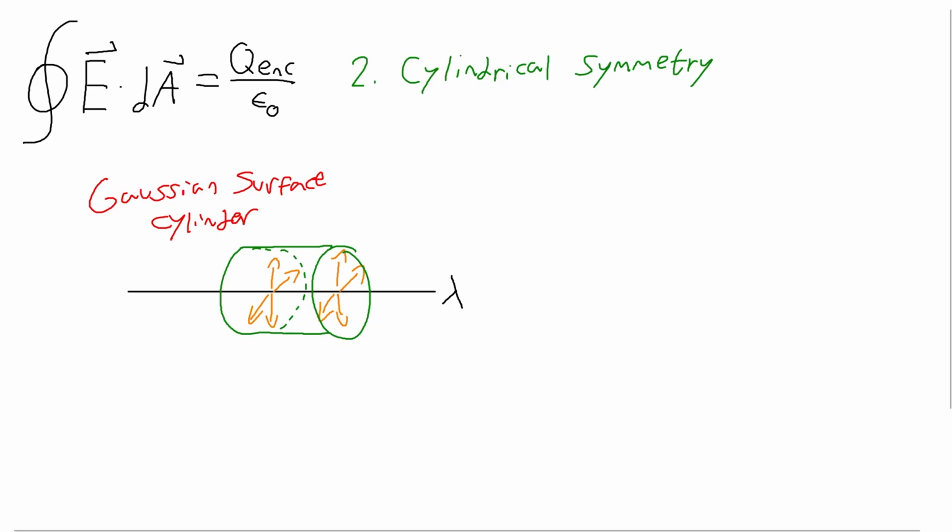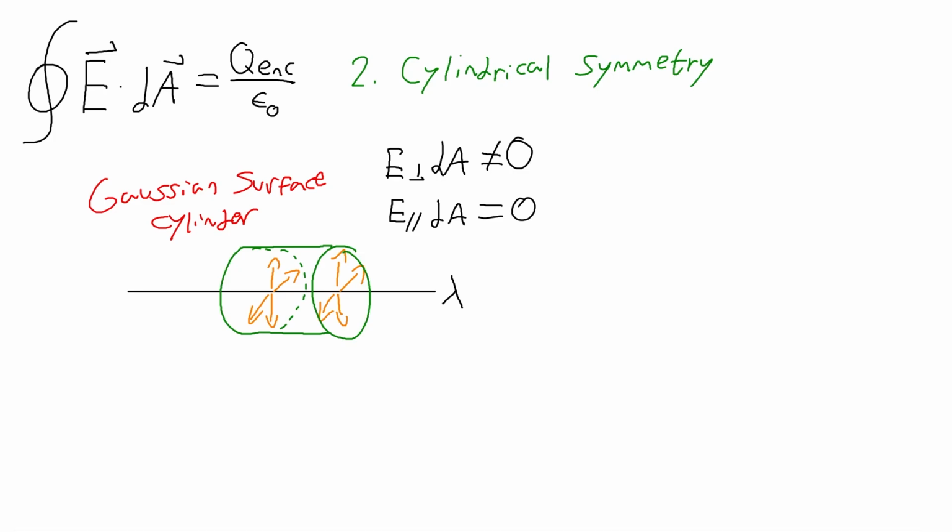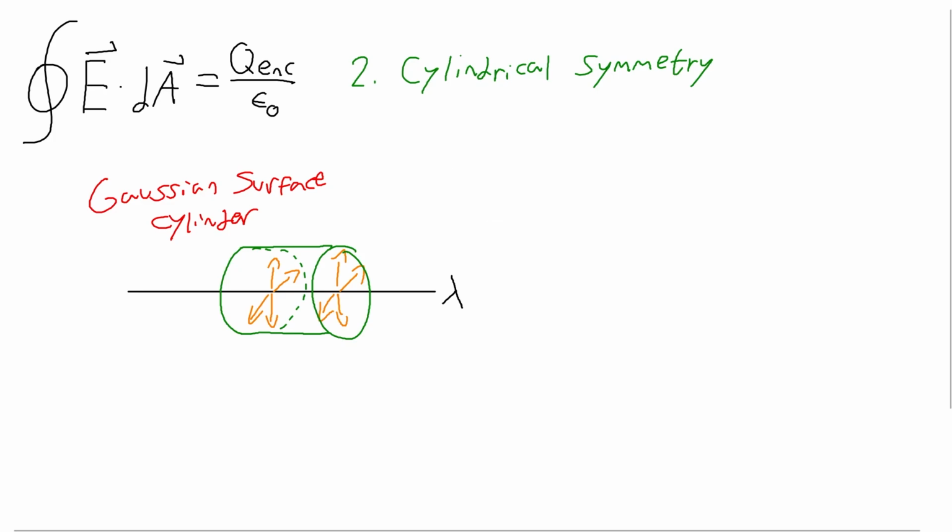So what you should note is that when the electric field is perpendicular to the surface, it's not zero, but when the electric field is parallel to the surface, the flux would be zero. So any electric field contribution on these circle parts, the end caps of the cylinder, does not contribute to the system. So now that we know that, we can solve the Gauss's law equation.